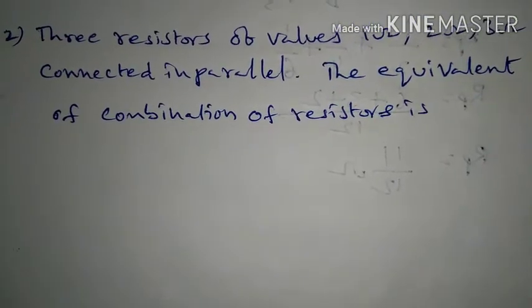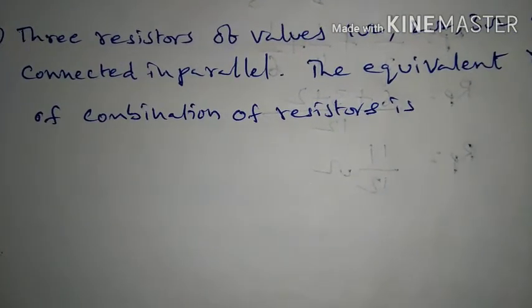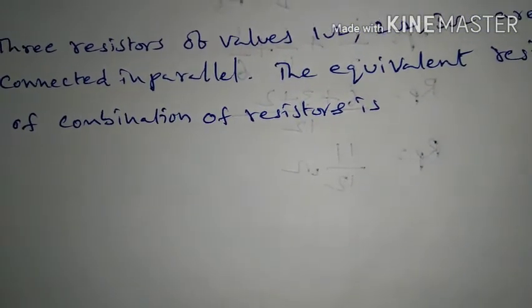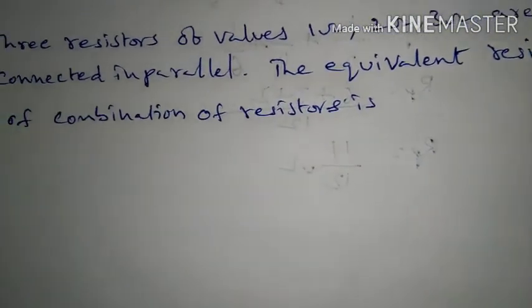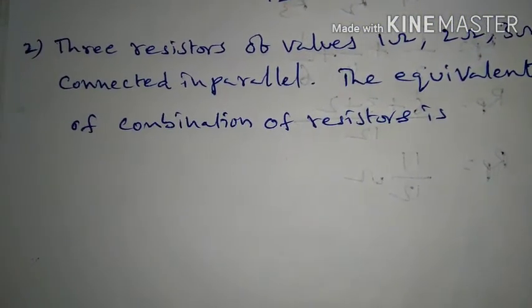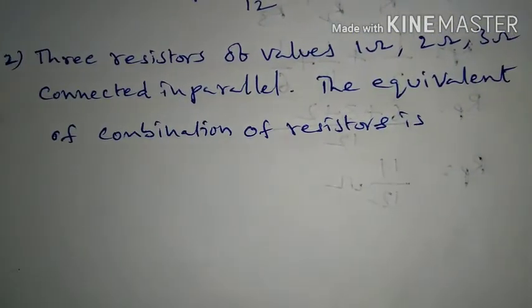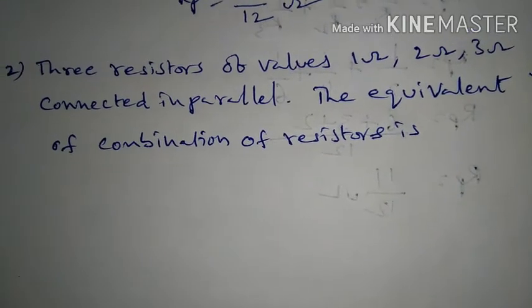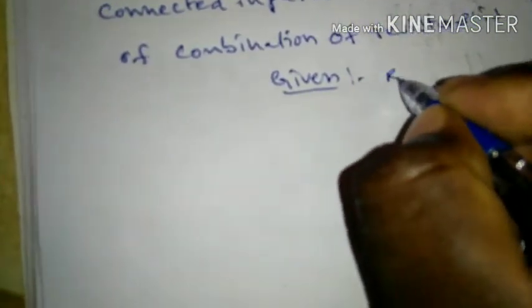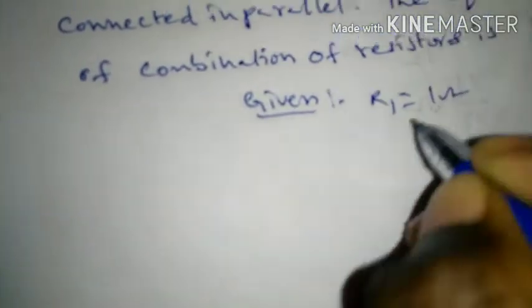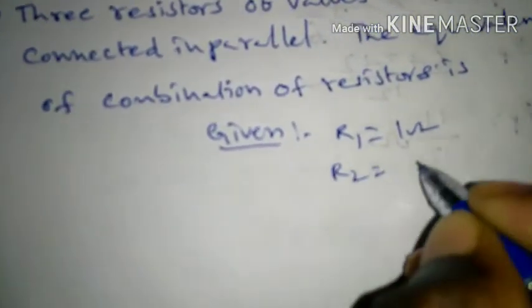Second problem: 3 resistors of values 1 ohm, 2 ohm and 3 ohm are connected in parallel. The equivalent resistance of the combination of resistors is the question.